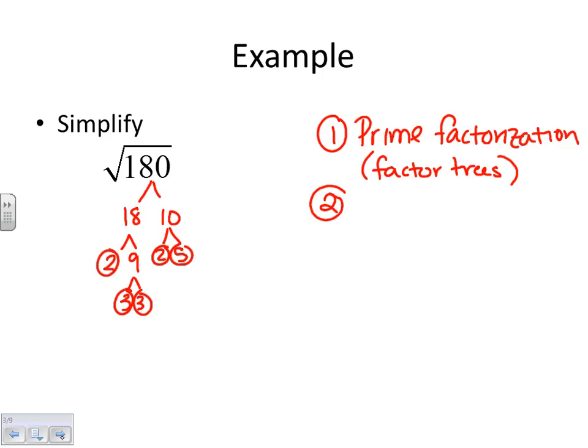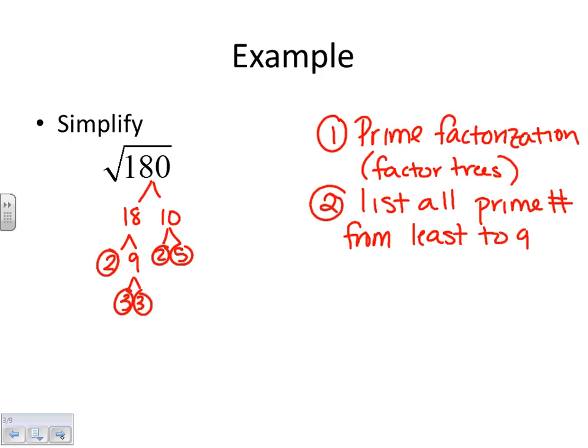Our second step is we want to list all prime numbers from least to greatest. And this is all going to be under one big square root. So I've got 2 2s, I've got 2 3s, and I've got 1 5.